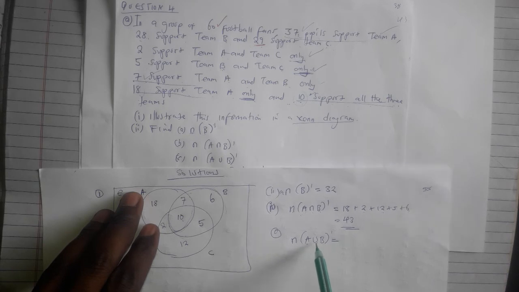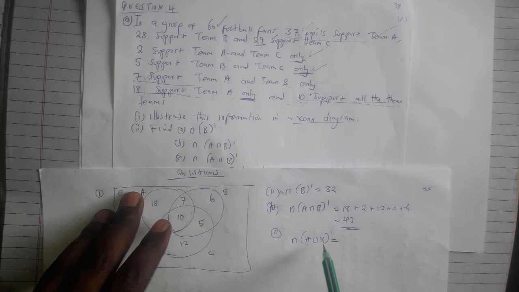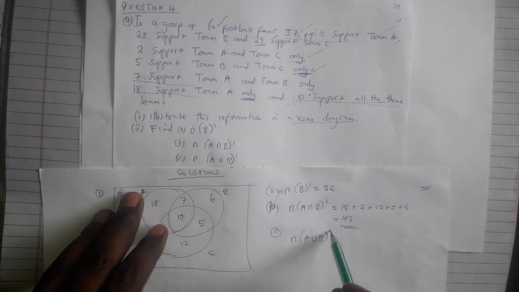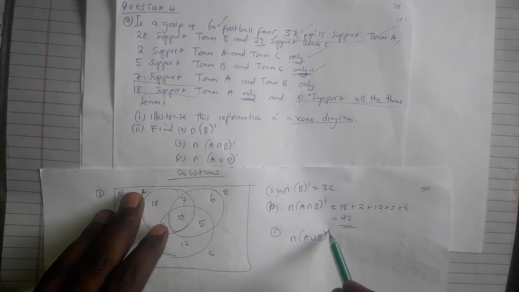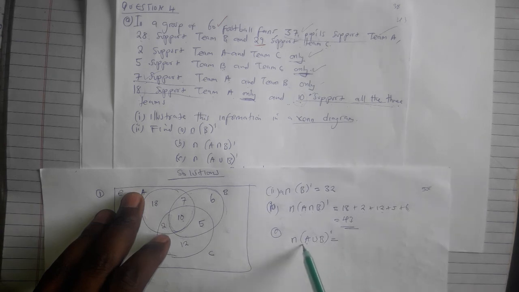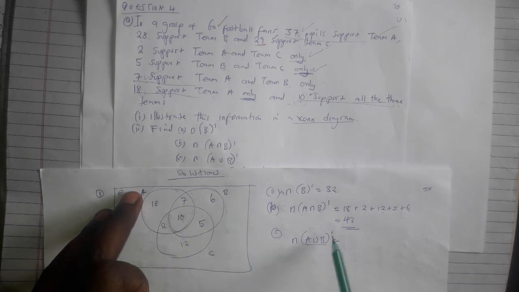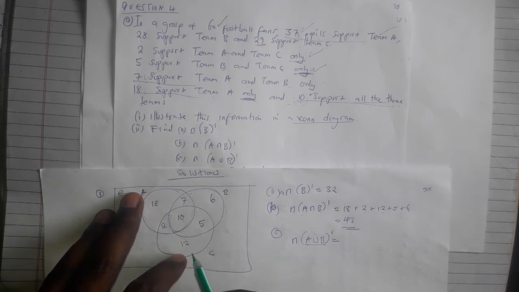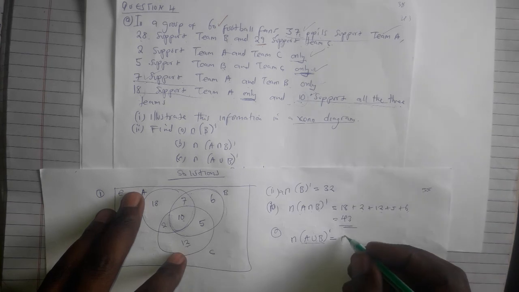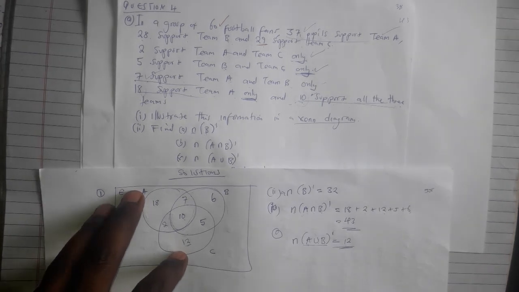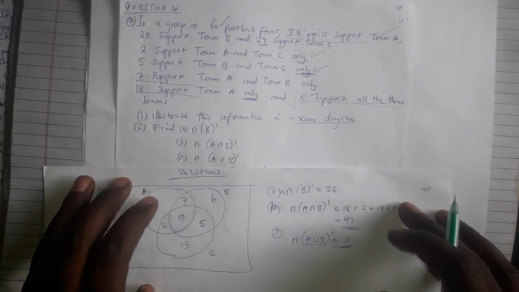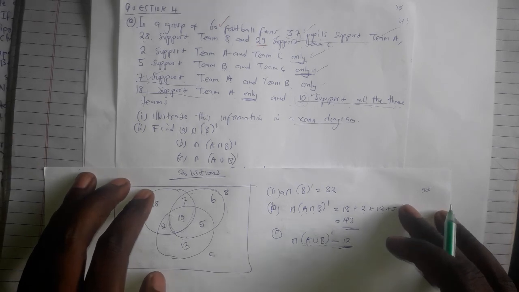So union is about everything that is in A and in B. Now there's a complement part. So complement tells us what is outside of this A union B. So this is A union B. Now what is outside is making the complement. So we just have 12 as the number of fans. So that is about this question. Thank you so much.